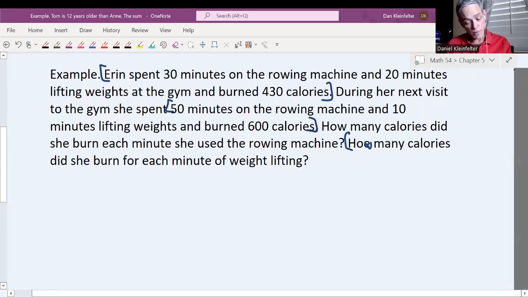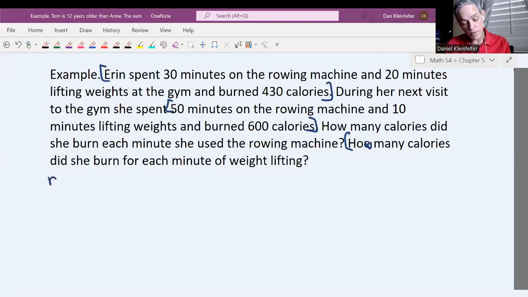So variables. Let's go with R for rowing machine. This will be the number of calories burned per minute on the rowing machine. And W will be for the weights. How many calories she burns.